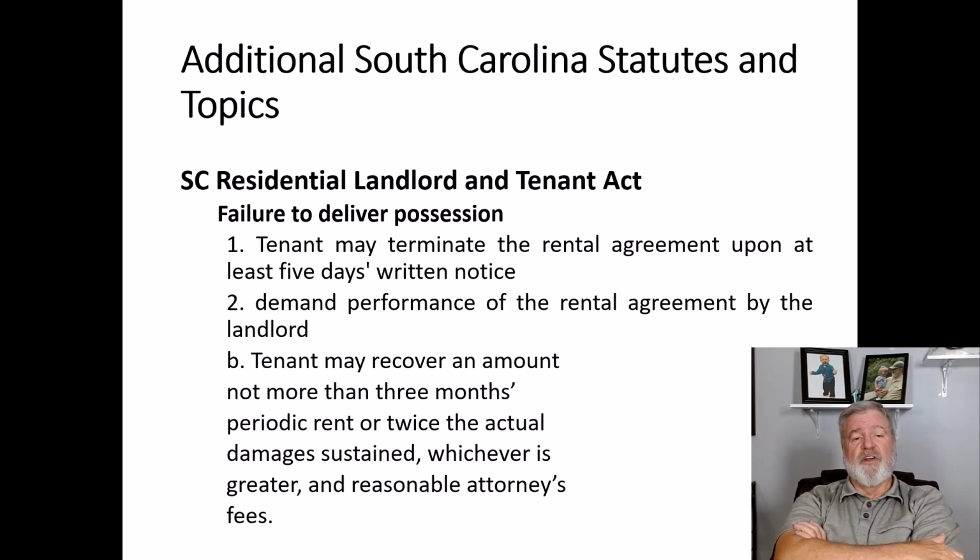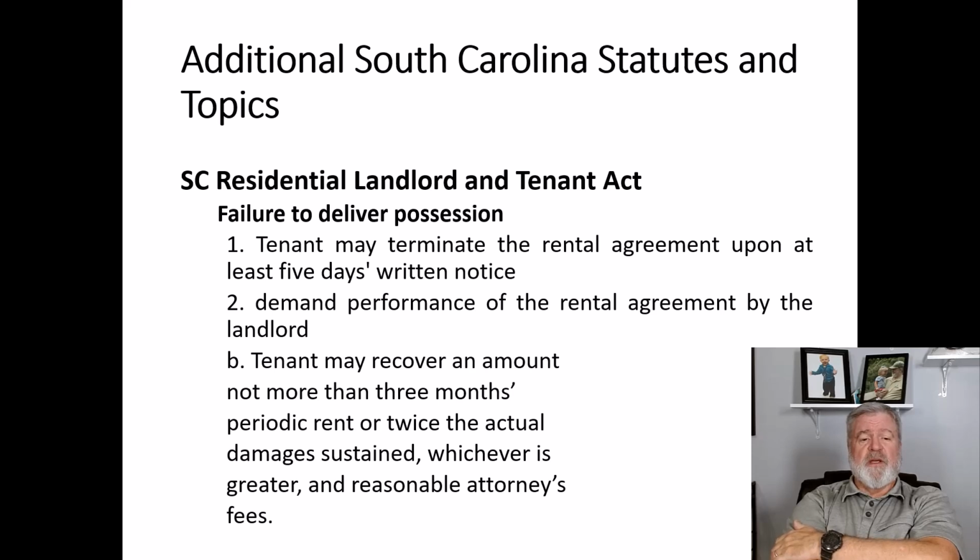Another option they have, in number 2, is they could actually take you to court and sue you for performance, to turn over possession. Now, if we wind up going to court, and assuming the tenant proves they were promised they could move in at this time, I waited, gave them the 5 days, and I still can't move in, the courts may award the tenant an amount not more than 3 months' rent or twice the damages sustained, whichever is greater, plus reasonable attorney fees.